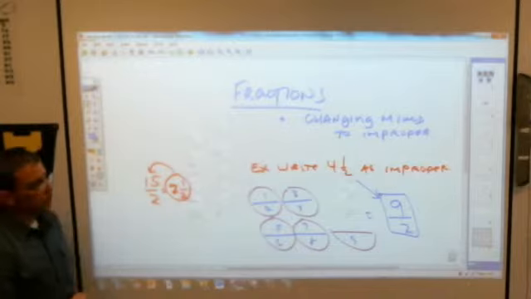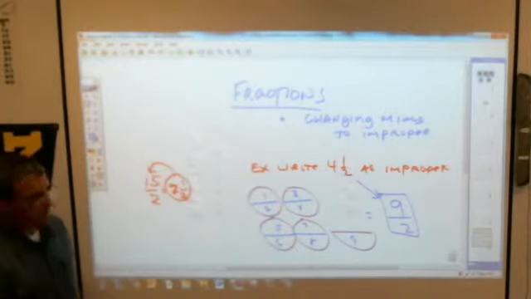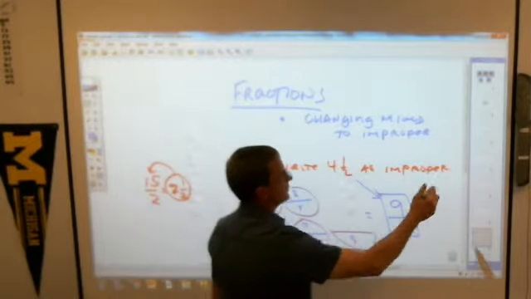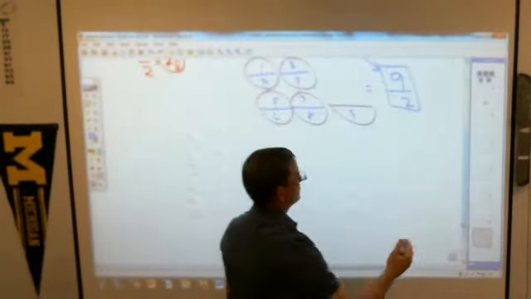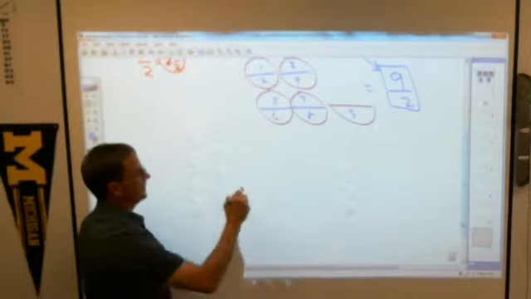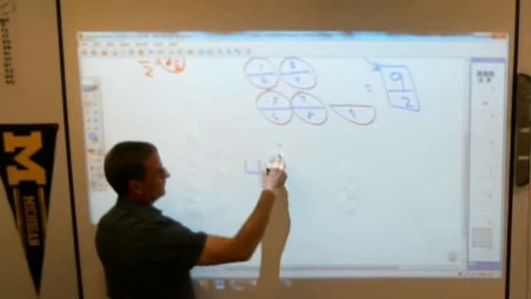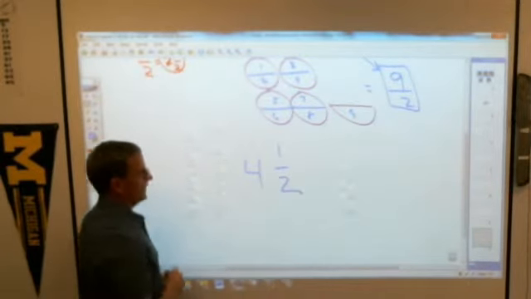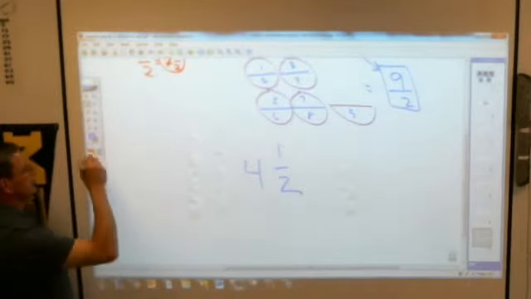But you really don't want to have to draw pictures every time you do this. So there's a pretty simple little process. We'll write it down so that everybody is happy with it. Let's go back to 4 1/2. It's a 3 or 4 step process.